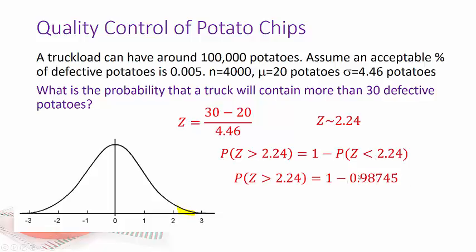And I actually looked up this value on a table, and I got 1.255%. So we expect about 1% of the trucks that come in to have 30 or more defective potatoes. So you probably would be rejecting those trucks, by the way. Maybe. It's 2 standard deviations away. It's probably further away than you want to be.